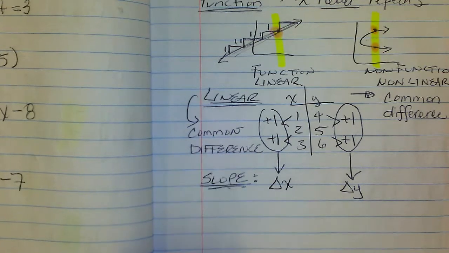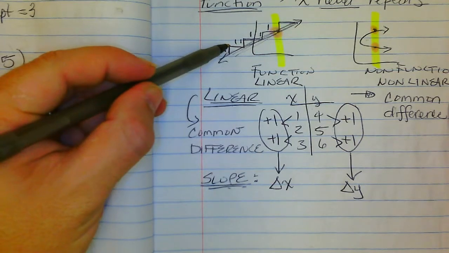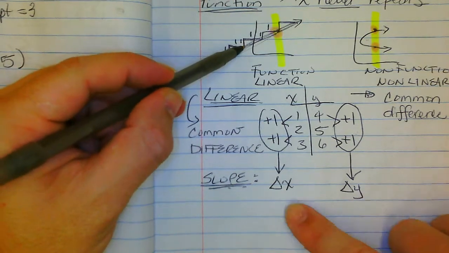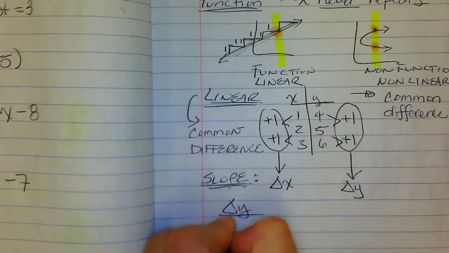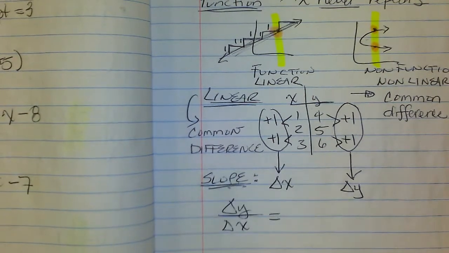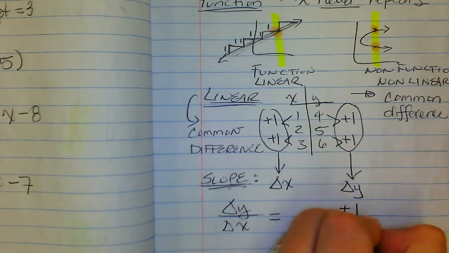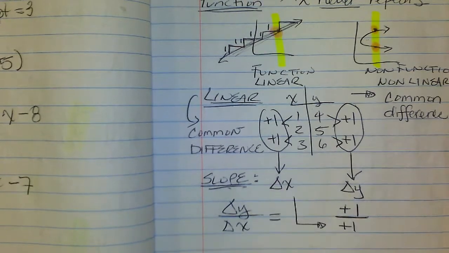And the slope just means right here, we go up, so that's cambio y, change in y, and then we go over, so that's change in x. So the slope is the change in y divided by the change in x. In this case, it's going to be plus 1 divided by plus 1.